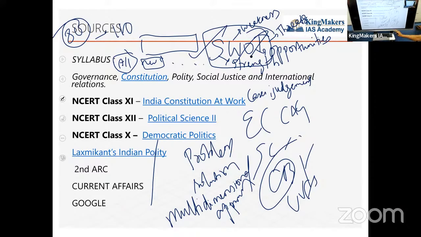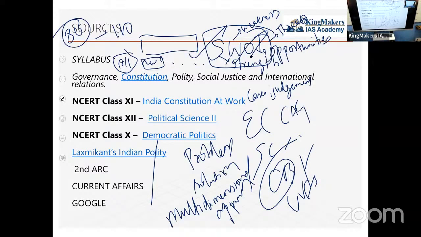If CBI is in the news, you will study the entire background, go to the Lakshmikant, read the basics of the CBI, then understand what is the problem of CBI, what is the solution for CBI. Even the ARC report, what does this ARC report contain? It just contains the problems and solutions of each of the institutions which are already established by the constitution.